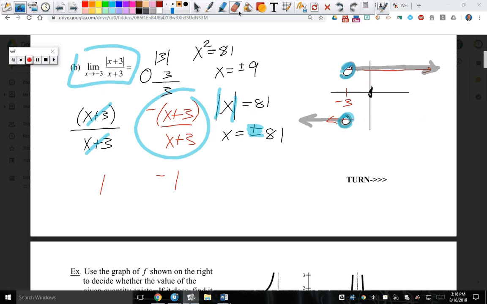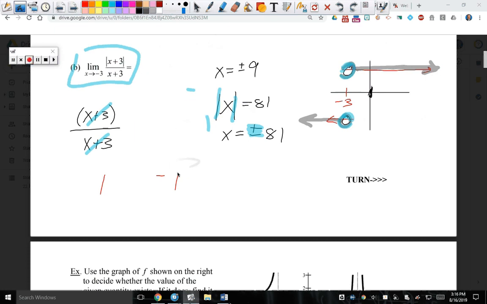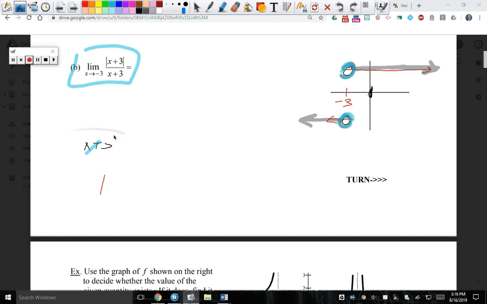It does not exist. Now remember what we talked about. Both one-sided limits must be the same answer for this general limit to exist. If I'm looking at the graph, and guys, please look at the graph, and I approach it from there, what's the answer? 1. And I'm just going to put f of x here, okay?